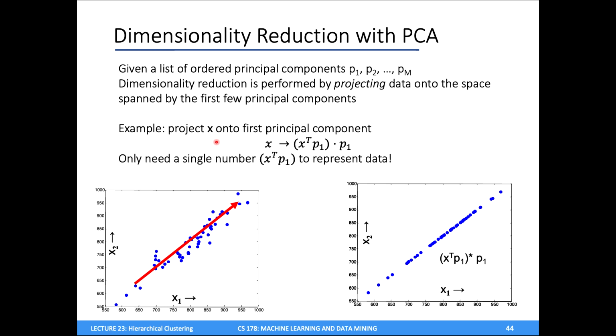And so really what I've done is reduce the dimensionality needed to represent my data. We really only need a single number, which is again x transpose p1, to represent every data point. Because if we know this and we know p1, which is shared across all the data points, then I'm good to go. So I took my data and reduced it down to one dimension.